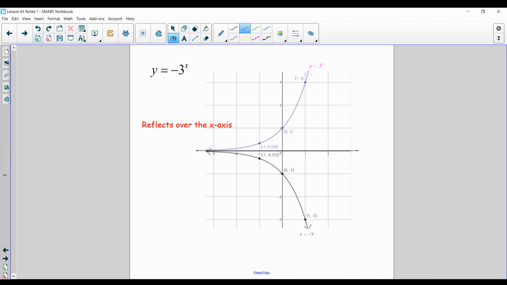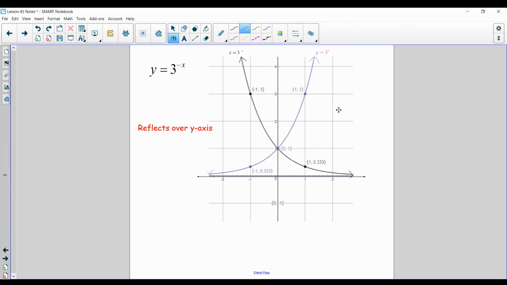The asymptote stays in the same spot. Reflecting over the y-axis, all of your x coordinates change in this case. You still have your asymptote at y is equal to 0. So the only thing that shifts your asymptote is an up and down movement. Move it left or right or reflect, the asymptote stays in the same spot.